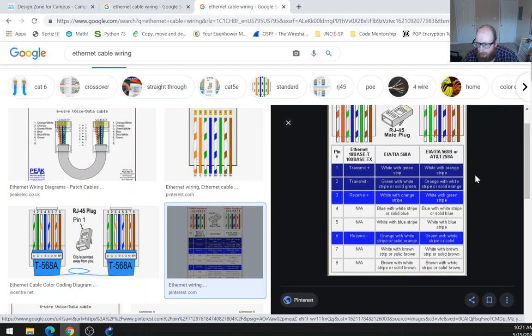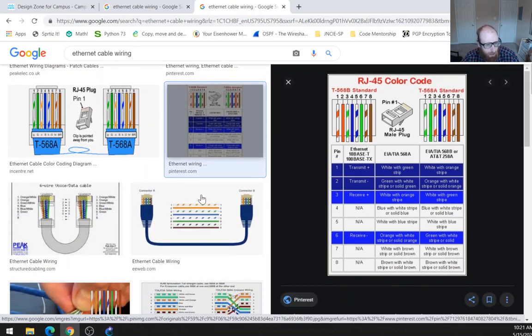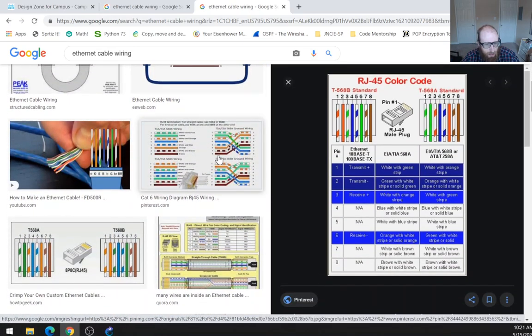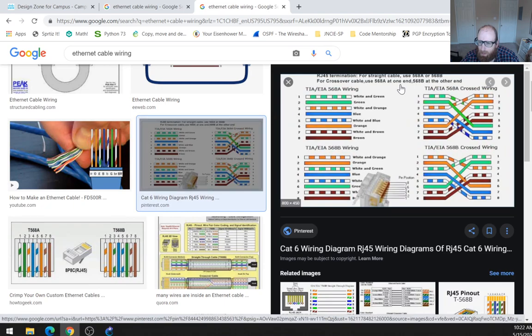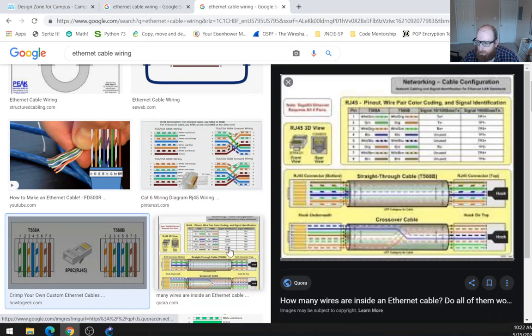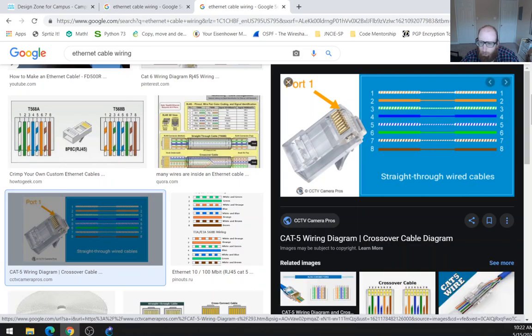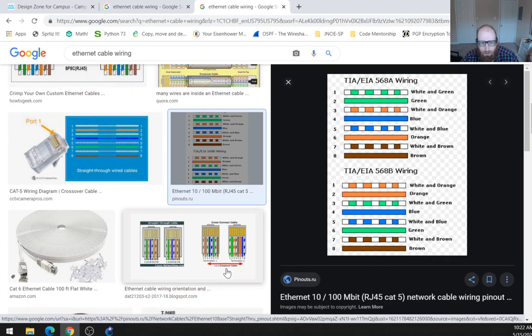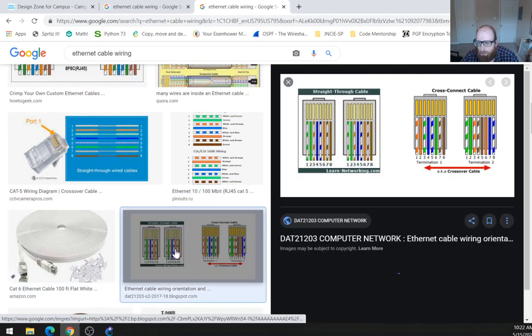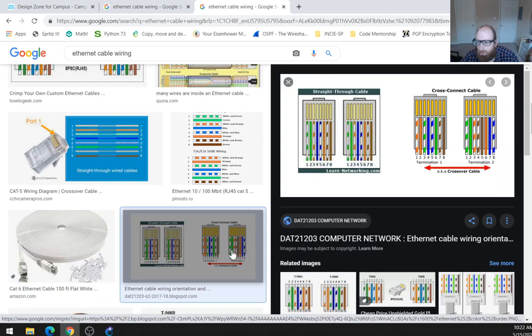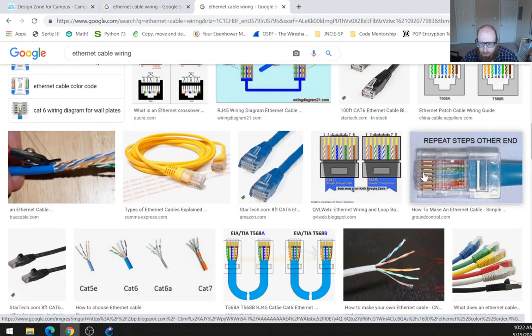And then we've got these NAs. That's for future experimental stuff, and it just happened to be the case that PoE is what is being used with those extra wires in the cable.